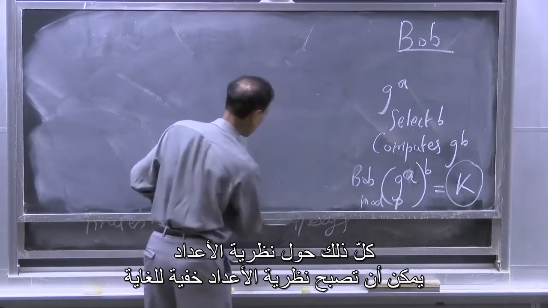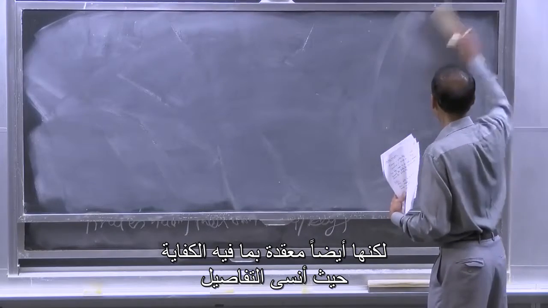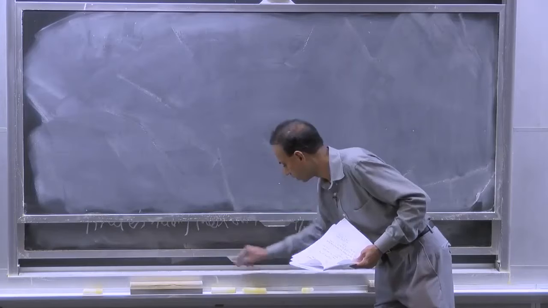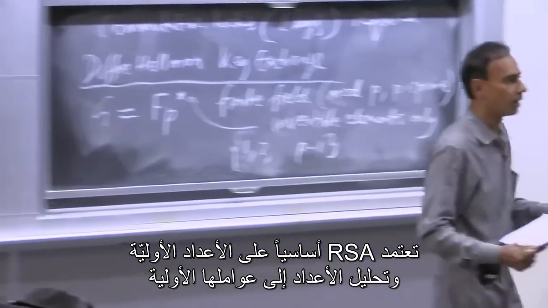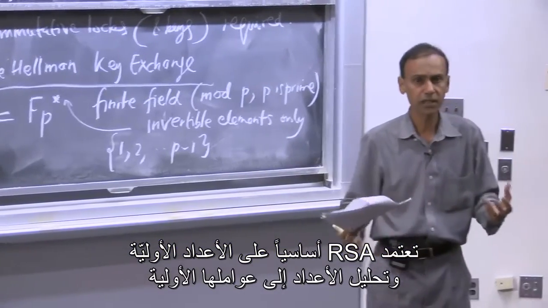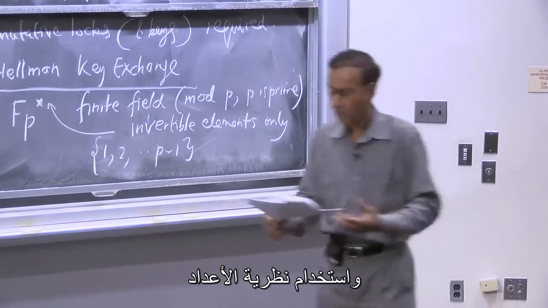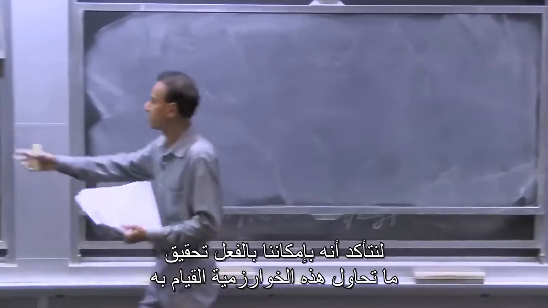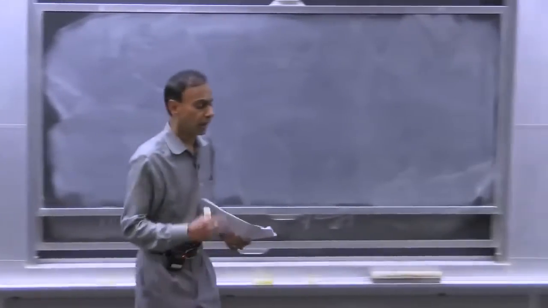Number theory can get pretty subtle, but it's also intricate enough that I forget the details. So let's get started on that. Basically, RSA is based on primes and factoring numbers into primes, and using number theory to make sure that you can actually accomplish what this is trying to do.